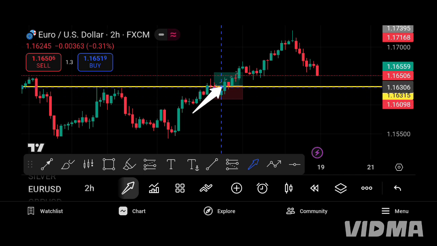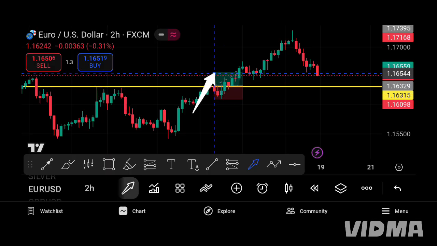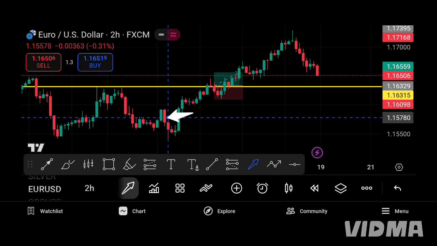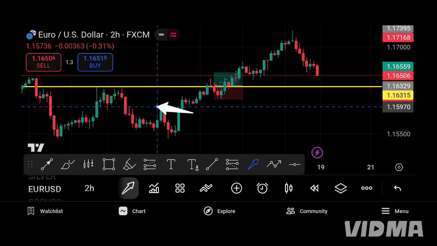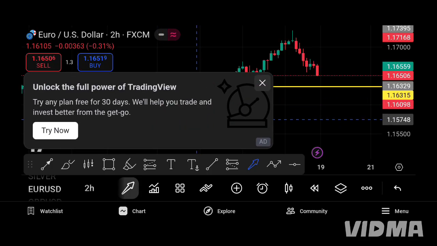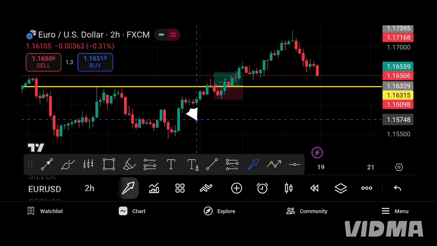The moment it breaks, that's where we entered from, and we targeted a 1-to-1. Even though it went higher and higher, that's where we are supposed to put this. For me, it is always risk 1-to-1.